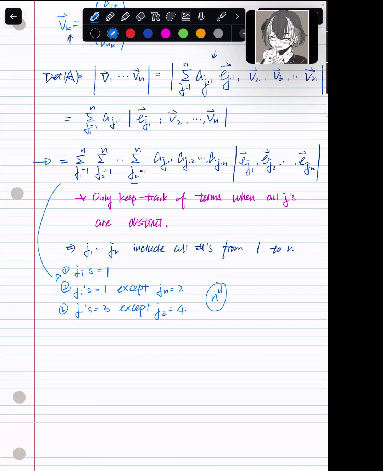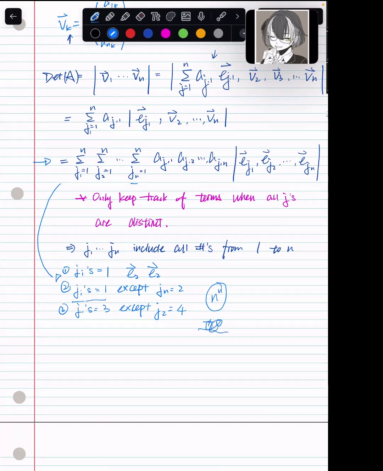We notice that as long as we have 2 columns that are the same, for example both are e2, then the whole determinant is 0, and it makes no sense to add a 0 to the equation.